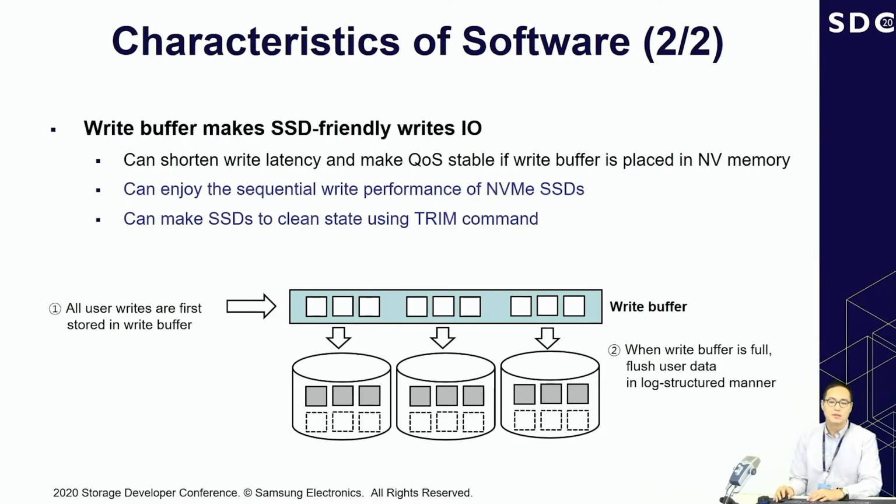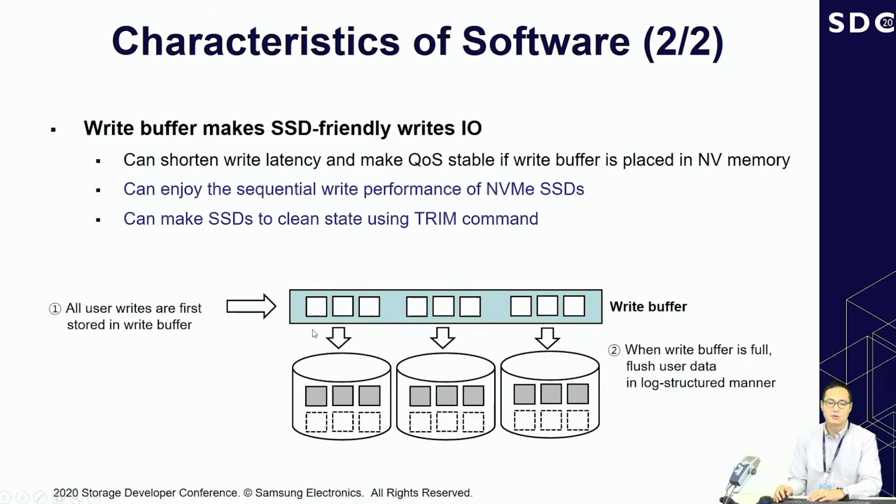The second characteristic is that our reference solution adopts a write buffer to be SSD friendly. The brief write sequence using the write buffer is shown in this figure. All user writes are first stored in the write buffer and then flushed to the NVMe SSD in a log-structured manner when the write buffer is full. If the write buffer is placed in non-volatile memory, user data in the write buffer is guaranteed persistency.